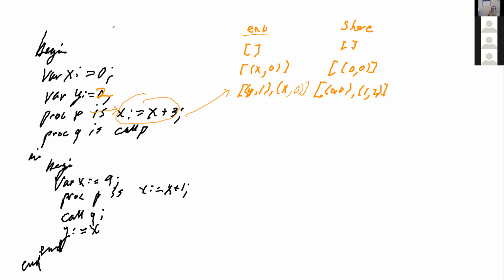So P is a pair with the environment. This is ENVV, and ENVP is empty. After this line, ENVP says P gets mapped to two things: X gets the value of X plus 3, which is the statement, and I'll call this E1.